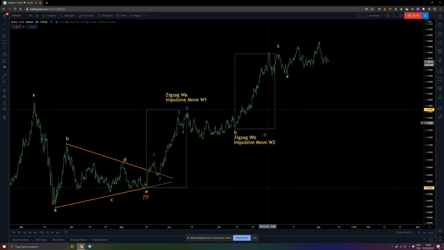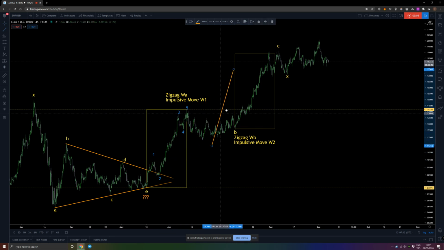Well, let's say like this here as well. So if that's the case for me, and this is number 2, I should ask myself a couple of questions. Number 1 being this: do I have an extension, or no? As you can see, this is the length of the first wave, so-called first wave, and this is the length of this.